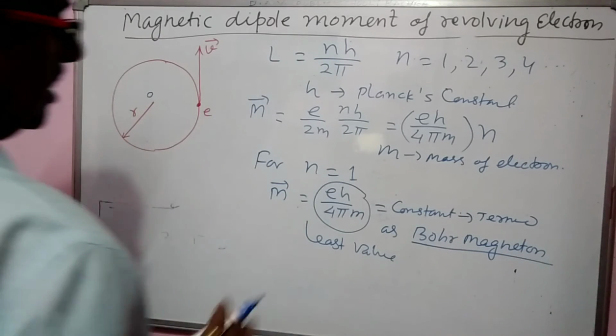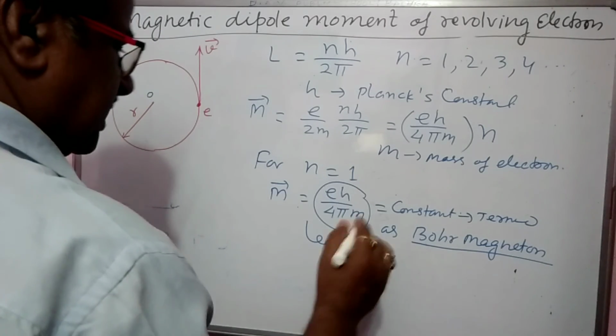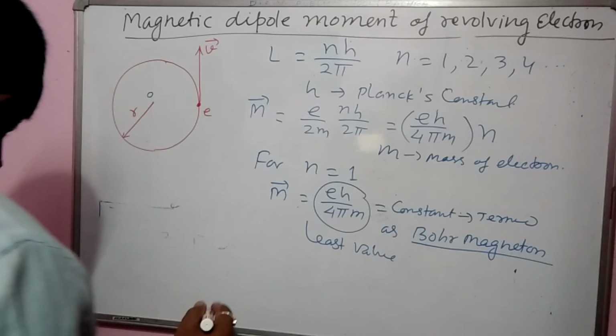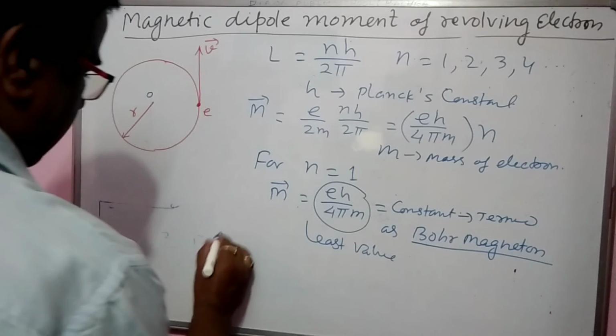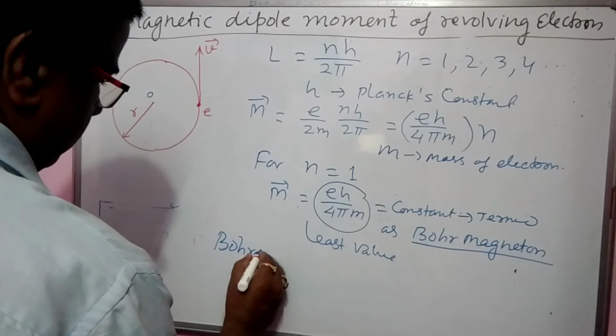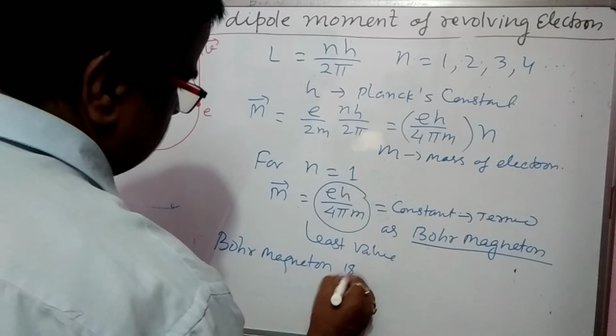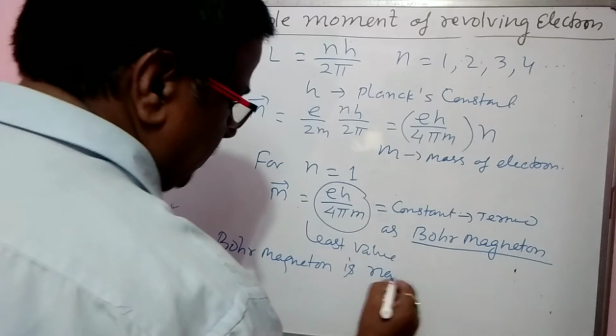Bohr magneton is also called the natural unit of magnetic dipole moment.